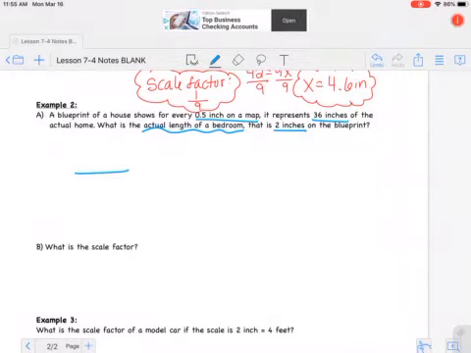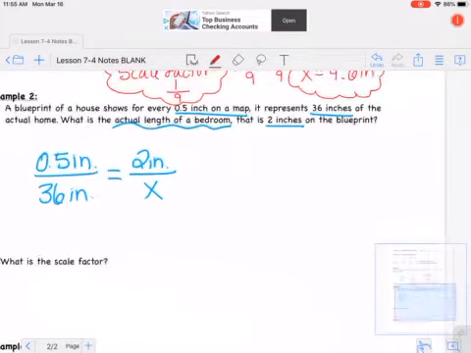So we are given our scale, which was 0.5 inches over 36 inches. And then we are looking for the actual length of the bedroom, so that's going to be our denominator. And our measurement on our blueprint of our house is 2 inches, so that's our top.